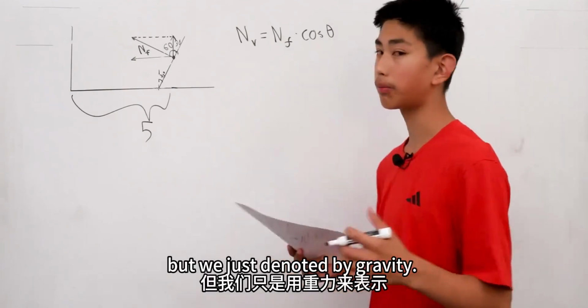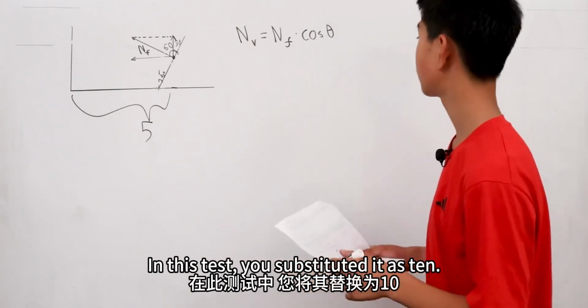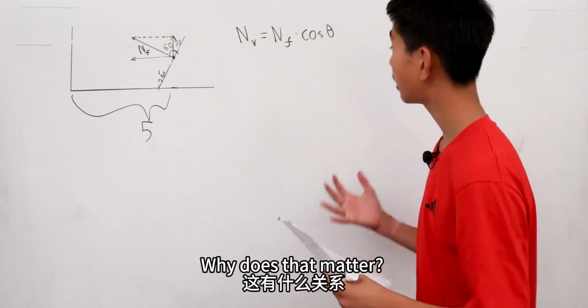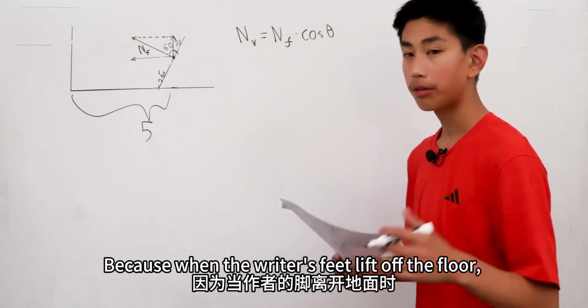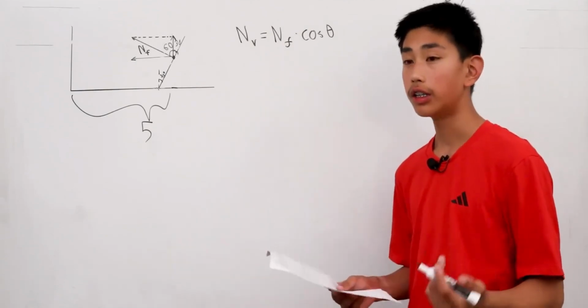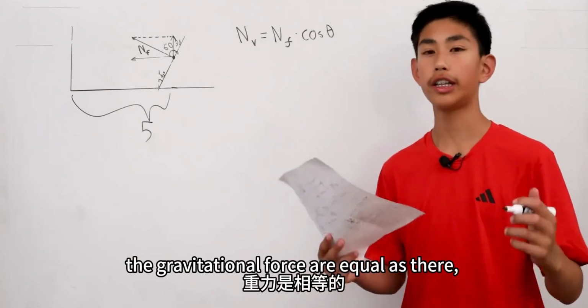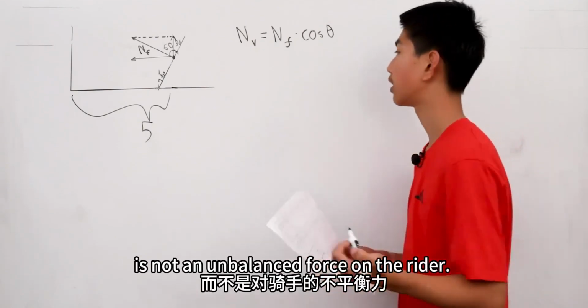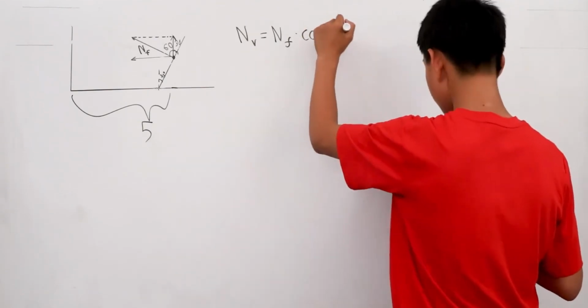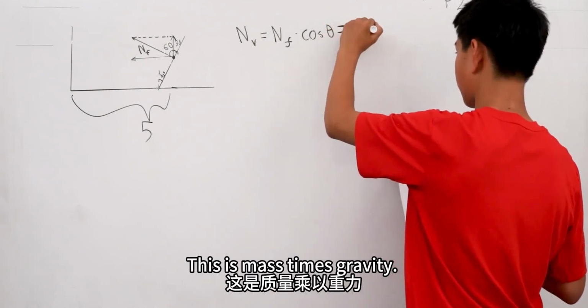But we just denote it by g, and in this test, we substitute it as 10. Why does that matter? Because when the rider's feet lift off the floor, the vertical force and the gravitational force are equal, as there is not an unbalanced force on the rider. So this is mass times gravity.